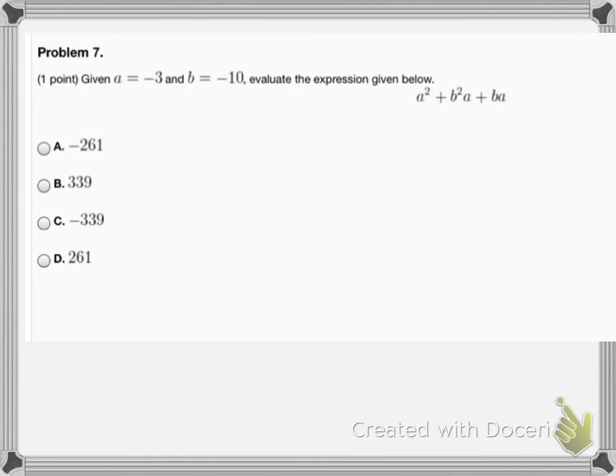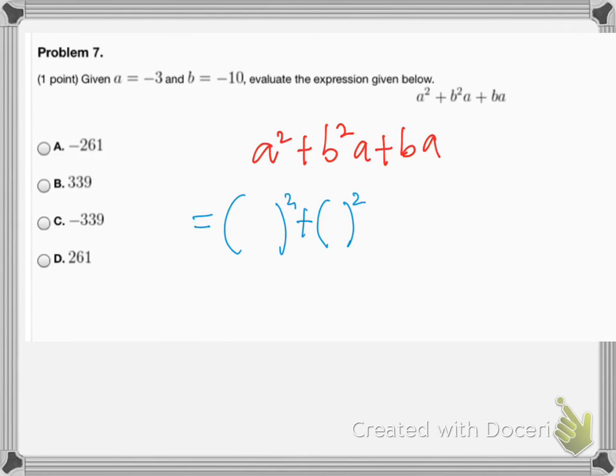Now the substitution question. Let me copy the expression: a squared plus b squared a plus ba. A lot of students just plug in the numbers and then get the wrong answer because they didn't pay attention to the parentheses. So what's the first important step? You put parentheses around every letter.